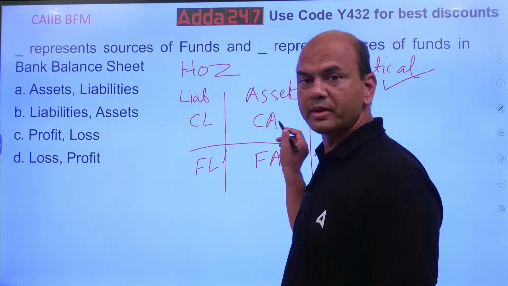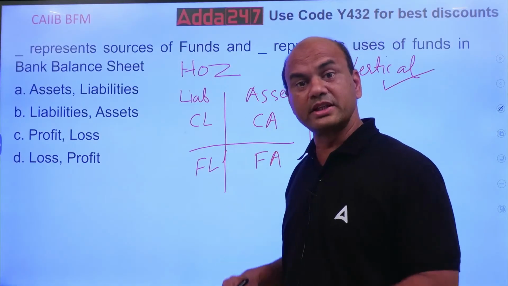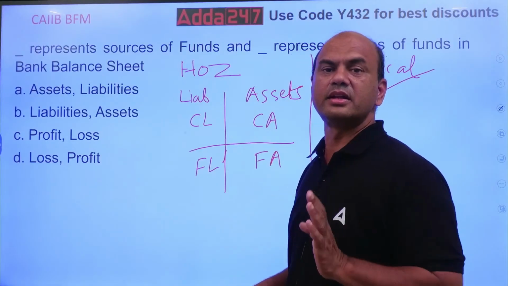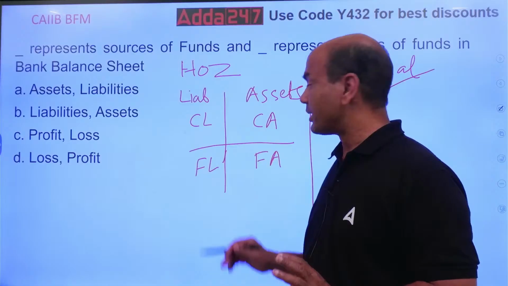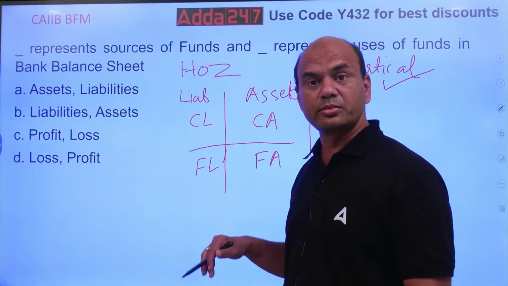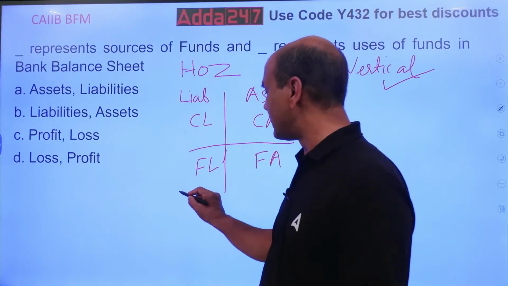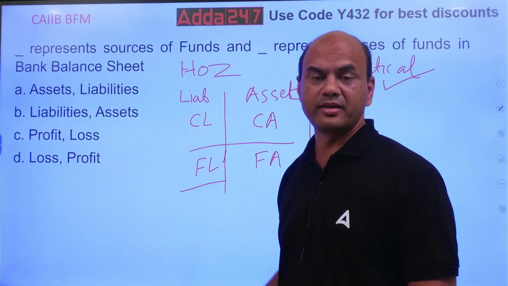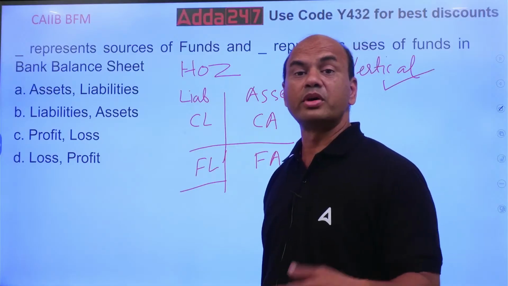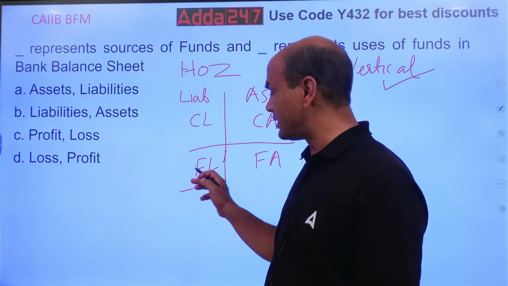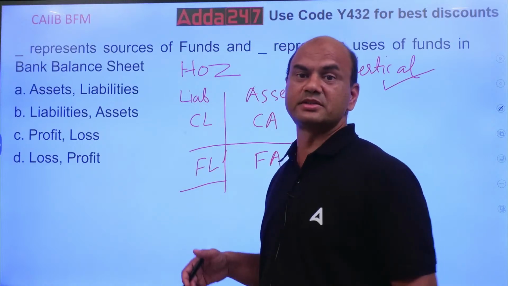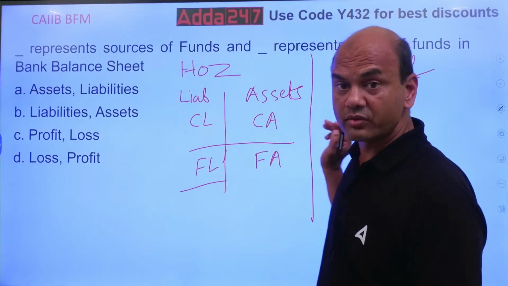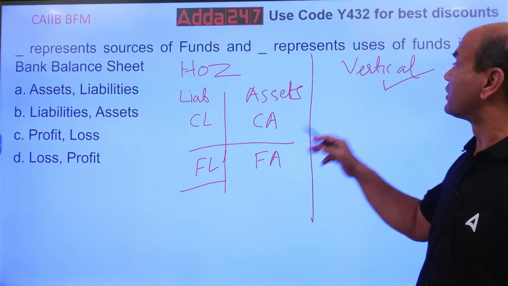Current assets are of two parts: one is liquid asset and second is normal current assets, other than liquid assets. And fixed liability also has two parts: one is liability from outside agencies like banks or some bonds issued, and second is liabilities from inside, owner's liabilities, capital. So this is horizontal. But what is the question? The question is not on this. The question is on this.